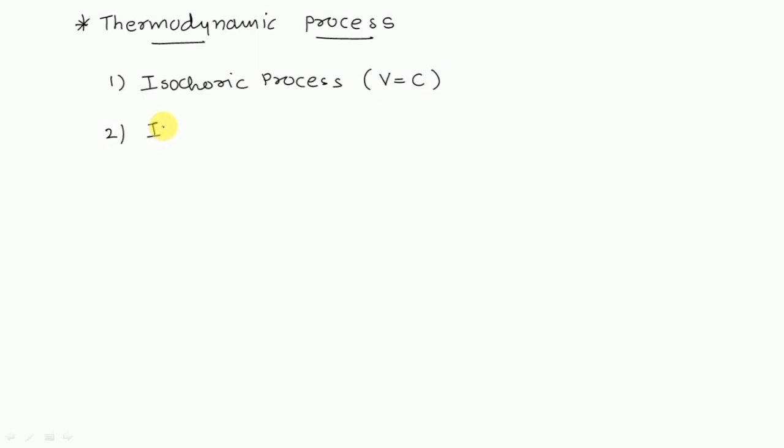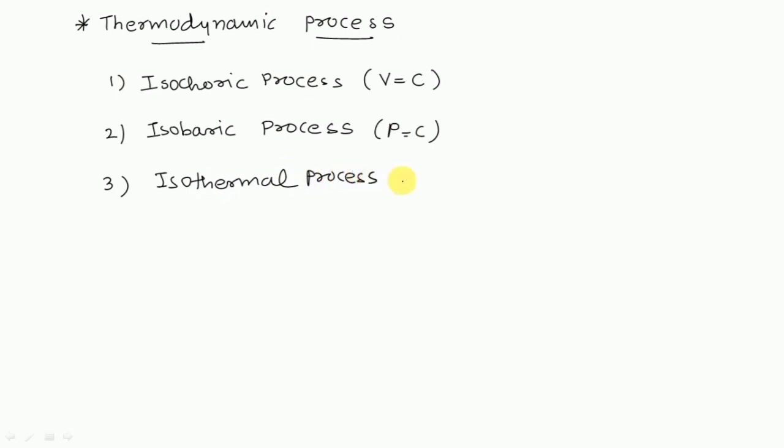Second one is the isobaric process, in which the pressure is constant. Third one is the isothermal process, in which temperature is constant. Fourth one is the adiabatic process, in which the heat transfer is 0.